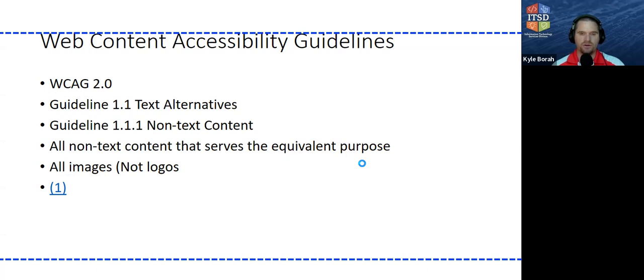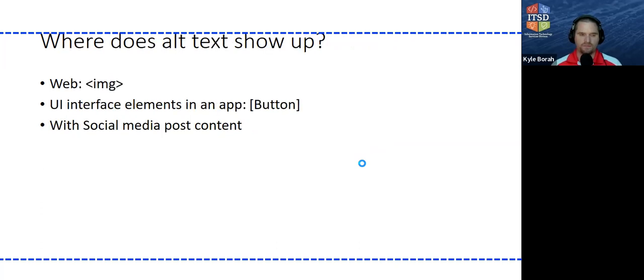Again, it's still a nice habit and a good practice, but it's not necessary. And in my references, I will have a link to the whole WCAG accessibility guidelines, so that's available if someone wants to peruse that and learn more in general about web accessibility. But just the 1.1 and 1.1.1 sections apply specifically to alt text.